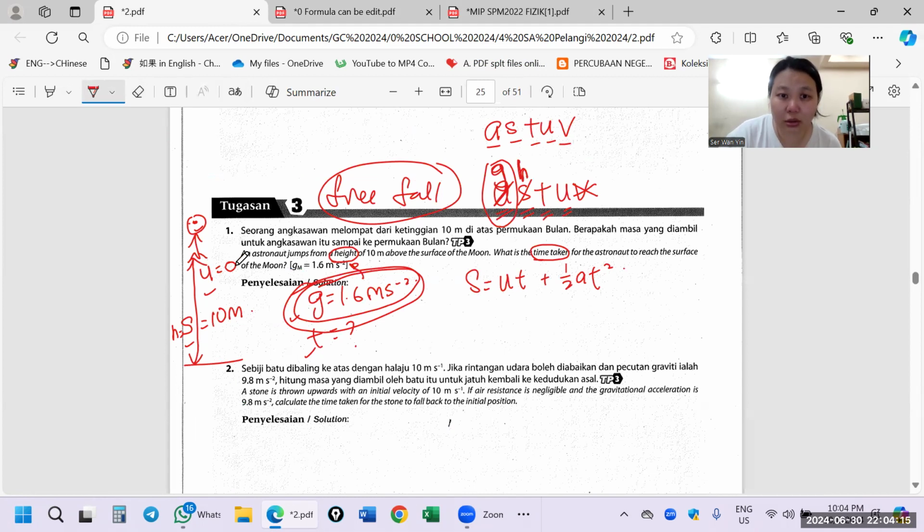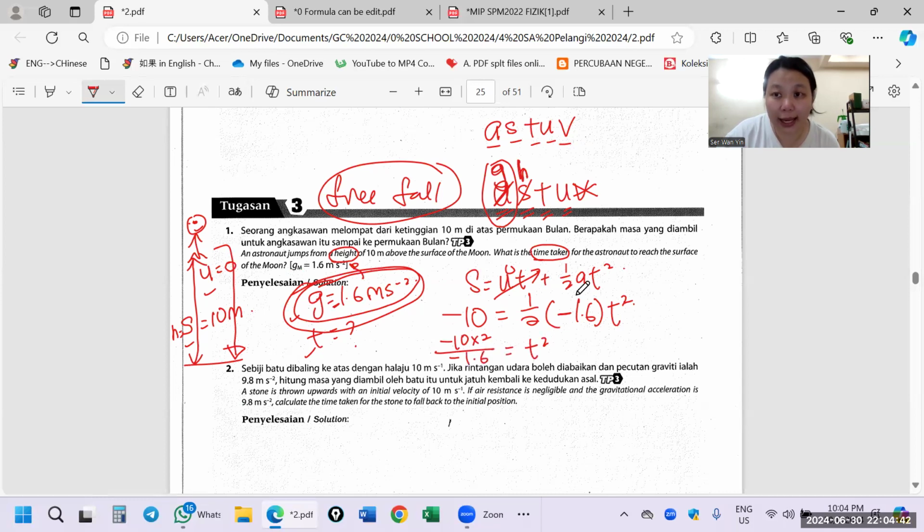Since U equals 0, and it's falling down, negative 10 equals half times g, remember g is negative, going down, so 1.6 T squared. So negative 10 times 2 divided by negative 1.6 equals T squared. Don't forget it's T squared, so later you need to square root.